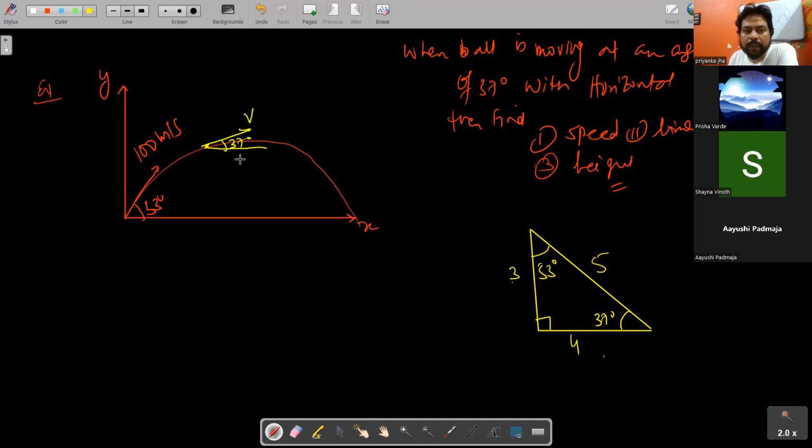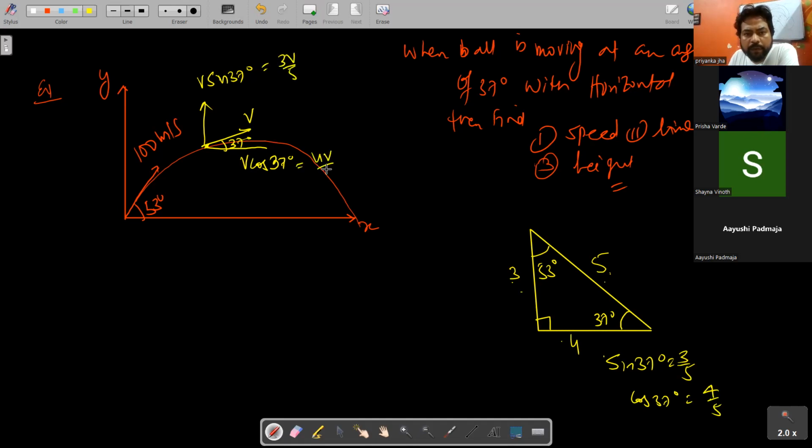So it will have two components, v cos 37 and v sin 37. You know sin 37 how much? 3 by 5. Cos 37, 4 by 5. So this would be 3v by 5, and this would be 4v by 5.